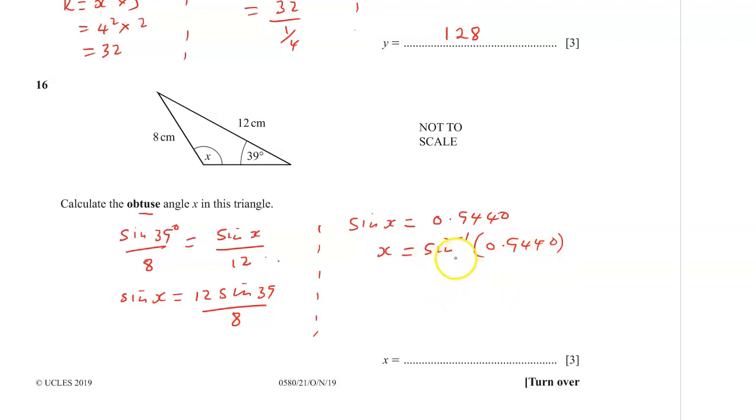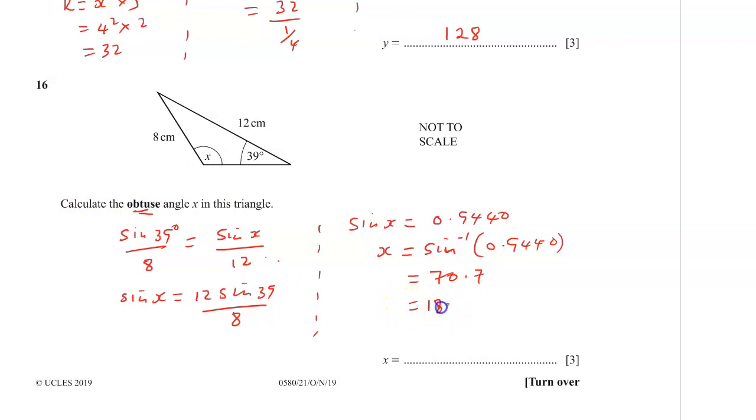Therefore, x is 70.7. So since x is obtuse, then we should subtract from 180.